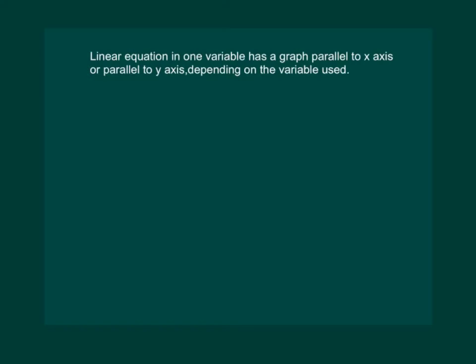And so we can say that linear equation in one variable has a graph parallel to x-axis or parallel to y-axis depending on the variable used in the equation. That means if the equation is ax plus b equal to 0, we will get x equal to minus b by a and the graph will be a line parallel to the y-axis.